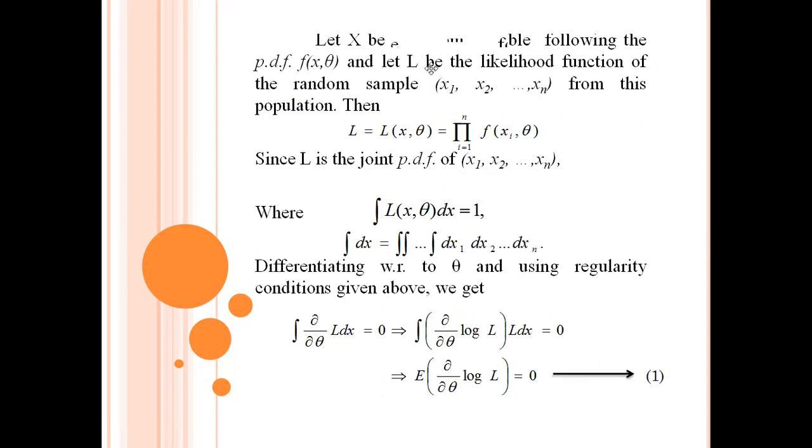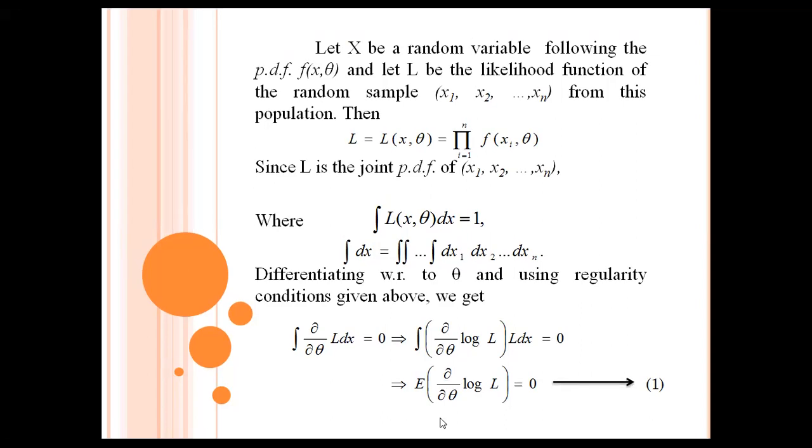Now we are coming to the main result. Let x be a random variable following the PDF f of x comma theta, and L be the likelihood function. The likelihood function is L equal to L of x comma theta, which is the product of all the density functions of the random sample from the population.